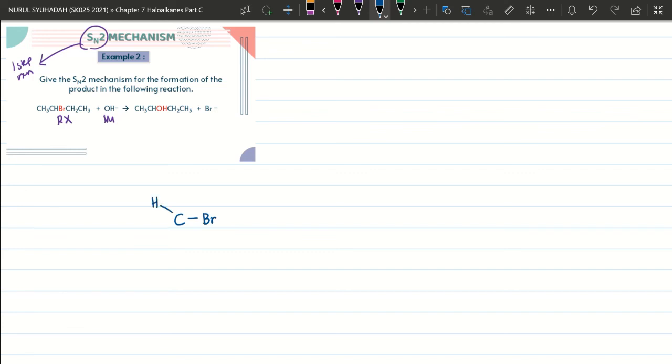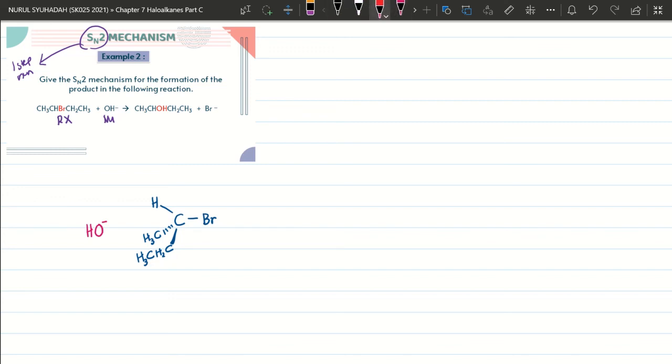I put the hydrogen up here, and here CH3 and another one over here, CH2, CH3. Like I mentioned before, you need to draw your haloalkane in a 3D structure. Whether you want to put two at the bottom like this or two at the top, it's up to you. Our nucleophile, OH minus, must be drawn in the correct position.